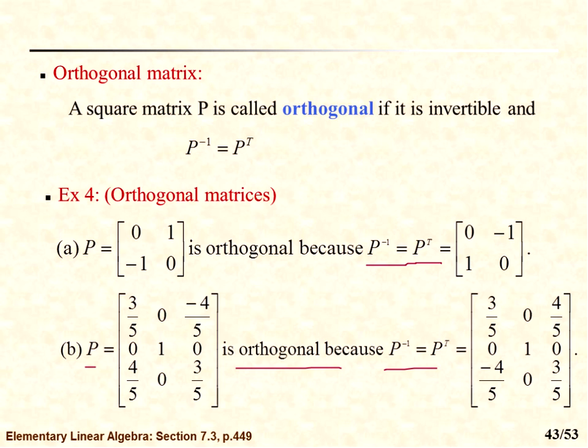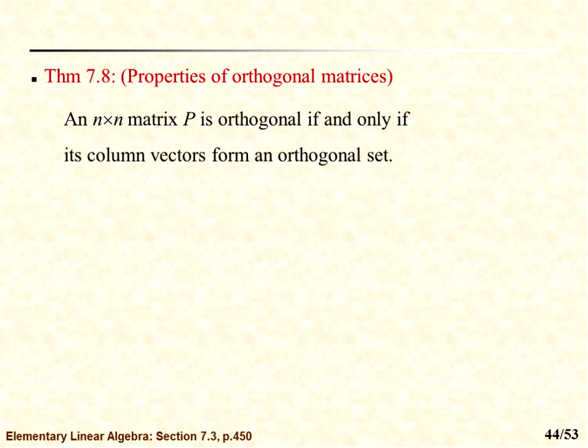Properties of an orthogonal matrix. An n cross n matrix P is orthogonal if and only if its column vectors form an orthogonal set. Here is an example.